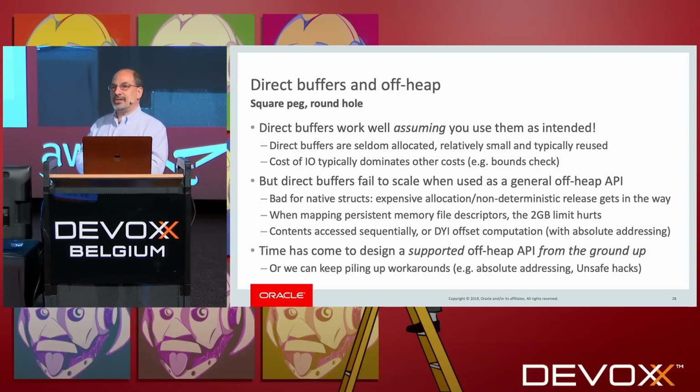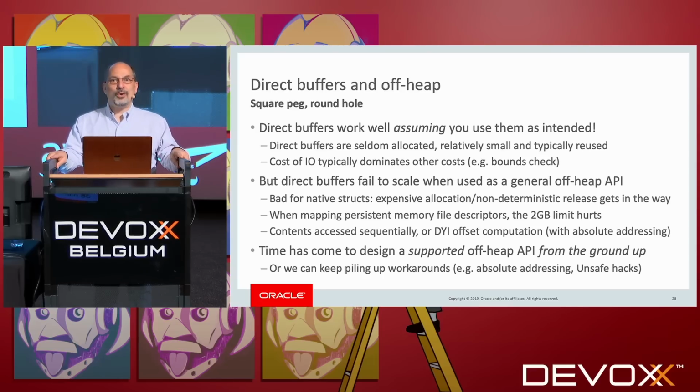But when you try to use it as a general off-heap API, the limitations start to show up. As I said, allocation is expensive, so allocation-intensive applications are going to suffer. The biggest challenge people have with ByteBuffers is that they're indexed by ints, and that means we have a 2 gigabyte limitation for their size, which probably seemed really big in the Java 1.4 days, right? Who's going to need more than 2 gigabytes?